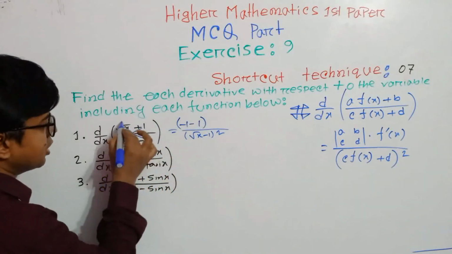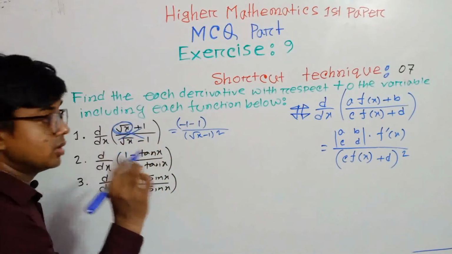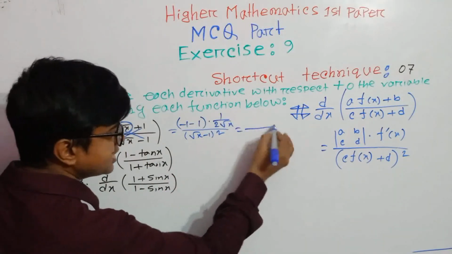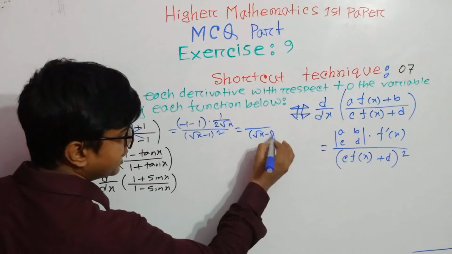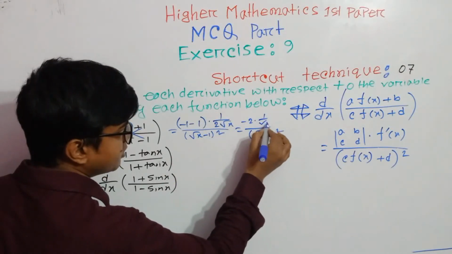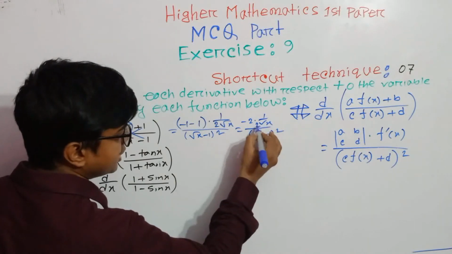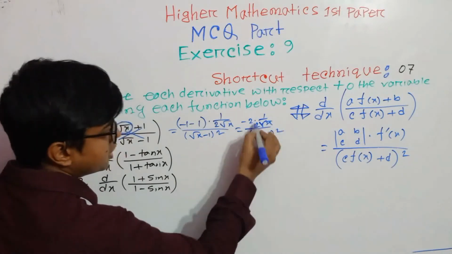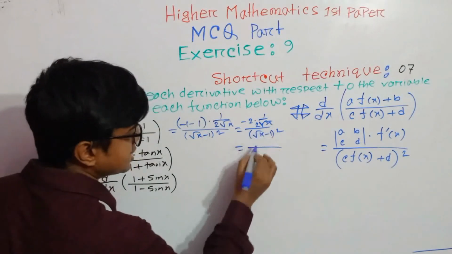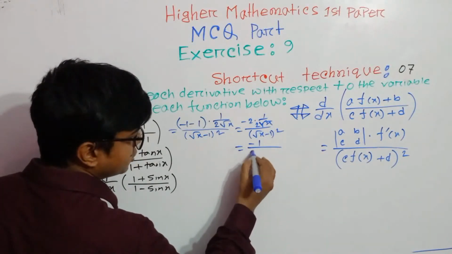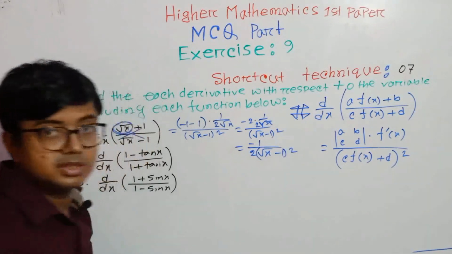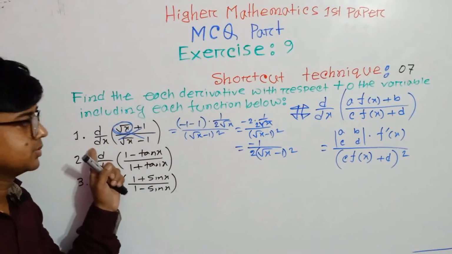And the first derivative of root over x will be 1 by 2 root over x. So our answer will be (root over x minus 1) whole square, here minus 2 into 1 by root over x into 2, so 2 and 2 will be cancelled. Our answer will be minus 1 by 2 root over x times (root over x minus 1) whole square. This is the answer of the first question.